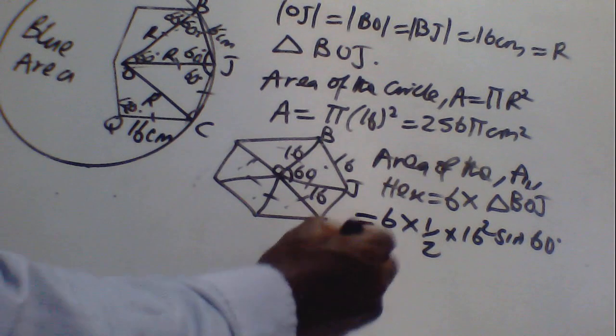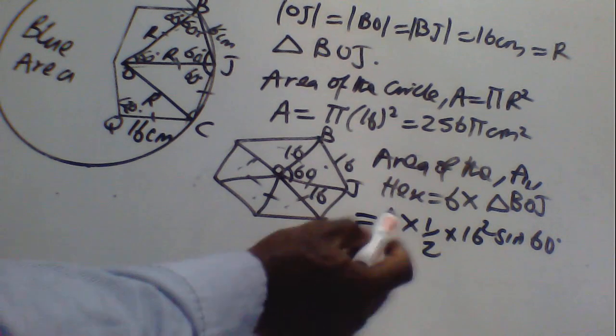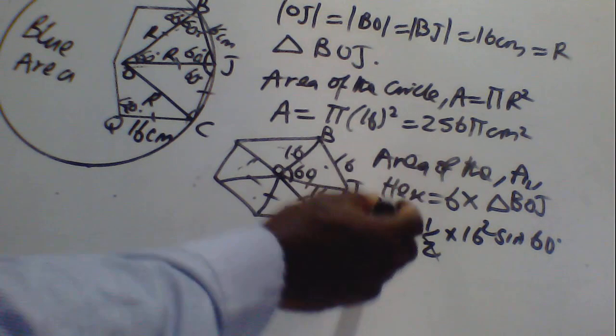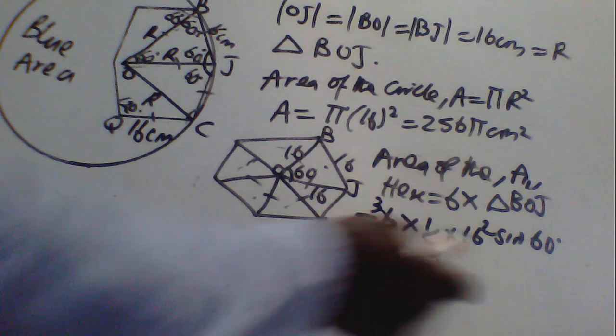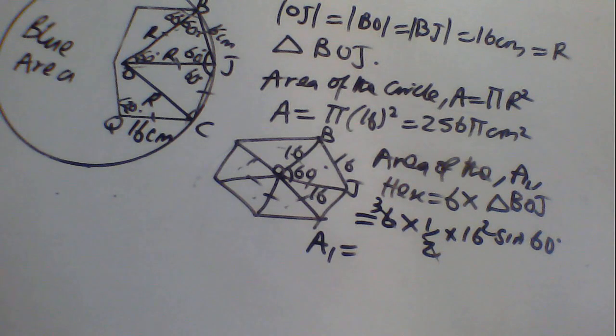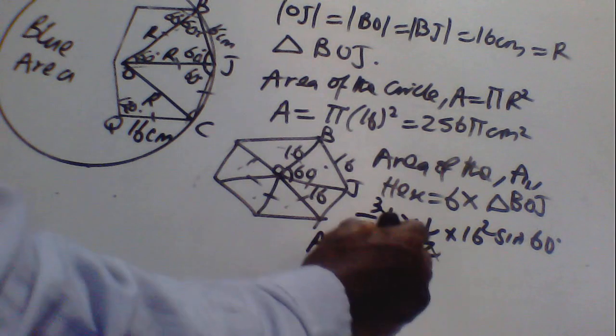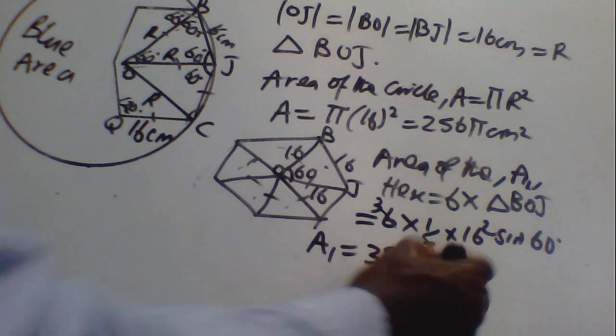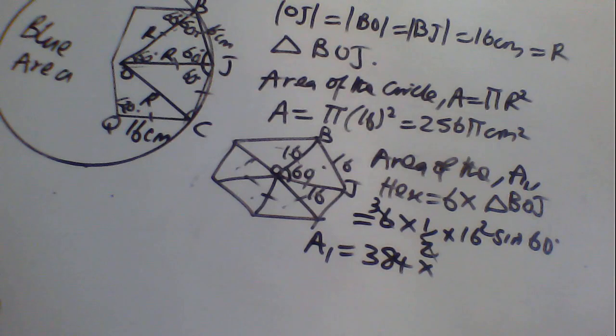We have A1 to be equals to 3. We get 3 here. 6 divided by 2 gives us 3. 3 times 16 squared will give us what? We have 768 times what? Sine 60. 60 is a special angle. That will give us root 3 over 2.